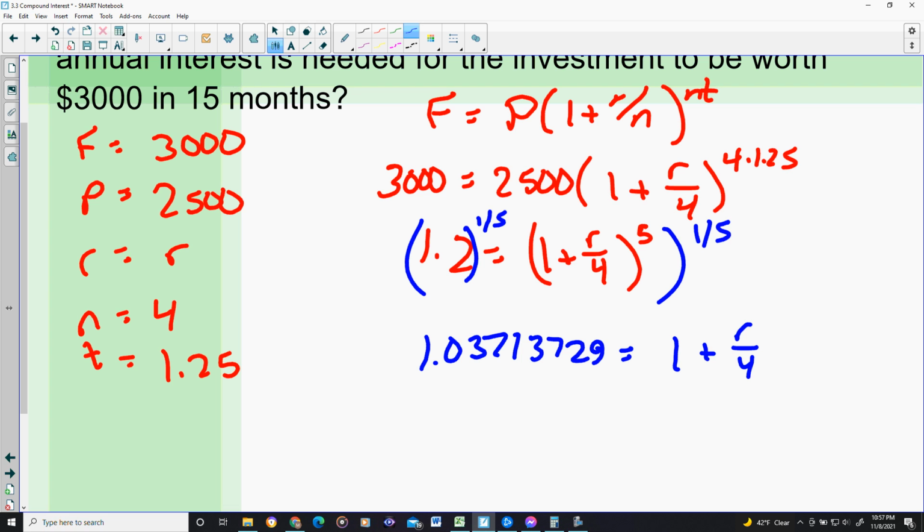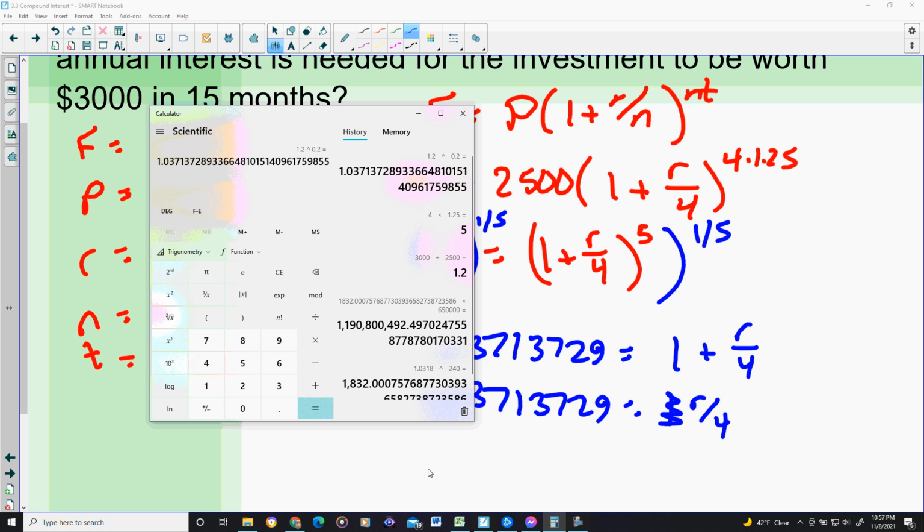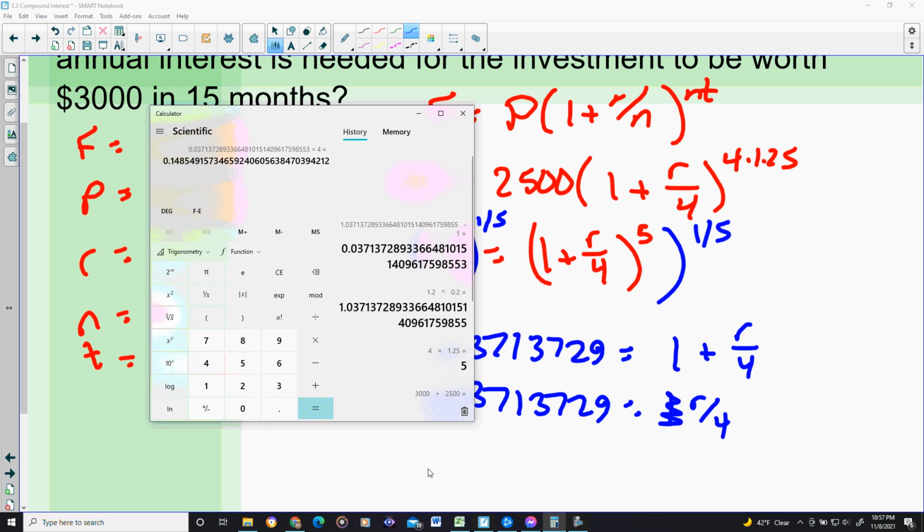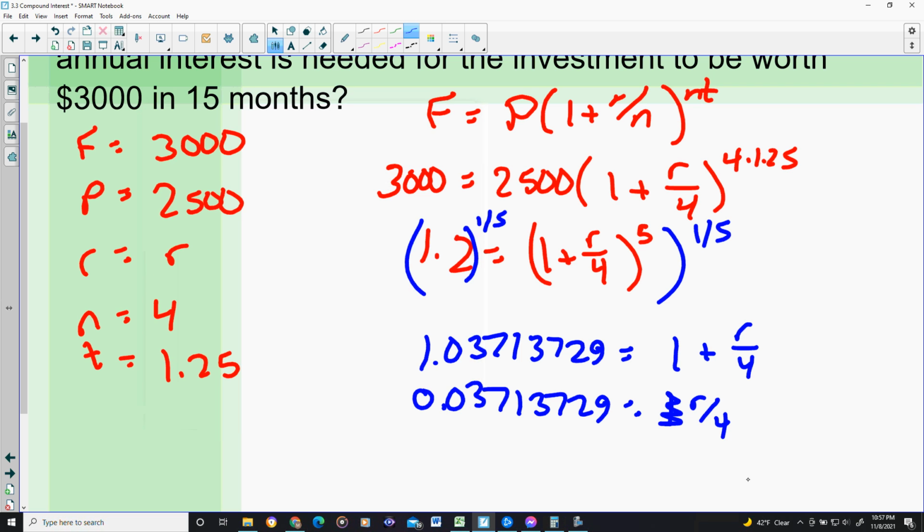Okay, and now all we have to do is subtract and then multiply. So subtract the 1. So 0.03713729 equals, sorry, no, not r, just r over 4. And then we multiply both sides by 4. So subtract 1, multiply by 4, and I get 0.14855. So R is 14.85%.